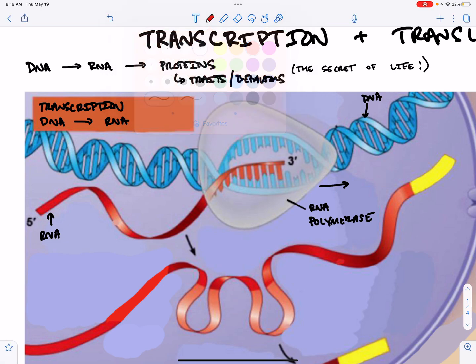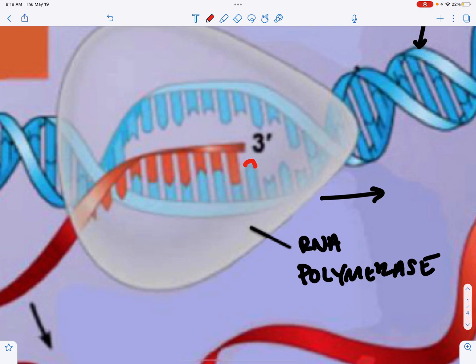So I know this looks like a red ribbon down here, but know that it's actually composed of individual nucleotides of RNA. So the next nucleotide is going to come in here. It's going to have complementary base pairing with the DNA, and it will add on like this. And then there'll be another RNA added on here, also with complementary base pairing with the DNA.